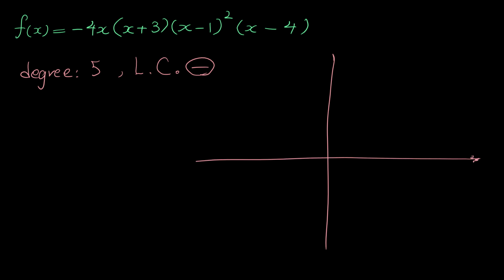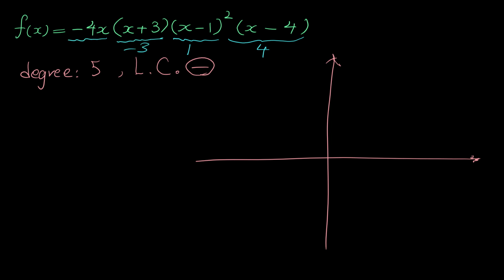Now we have to find the x-intercepts. For finding the x-intercepts, each of these factors in this factored form polynomial, we have to set equal to 0. By setting this bracket equal to 0, we get 4. By setting this bracket equal to 0, we get 1. By setting this bracket equal to 0, we get negative 3.